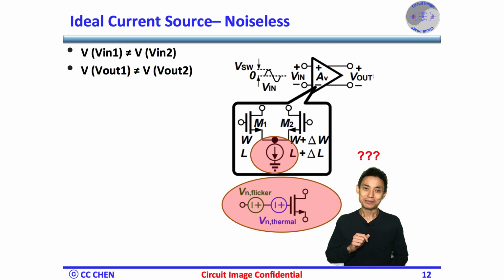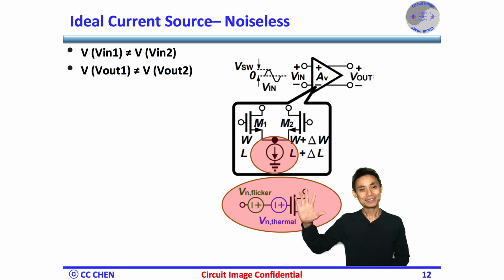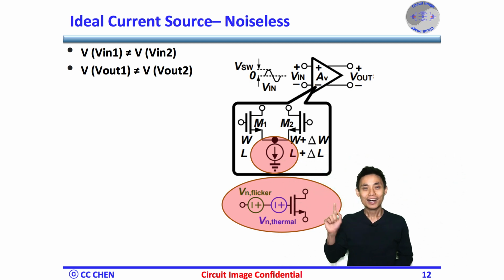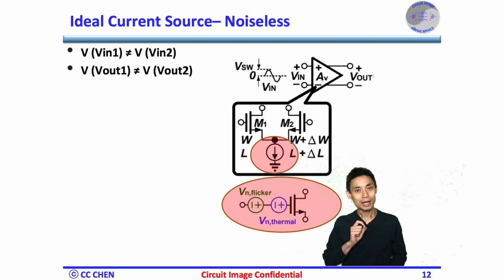Think about the mismatch images for 5 seconds. Bingo! As we discussed in the wide DC offset cancellation video, there's a device geometry and property mismatch at the differential pair. In addition, the bias condition of both differential pair at the input gate and output drain are different.